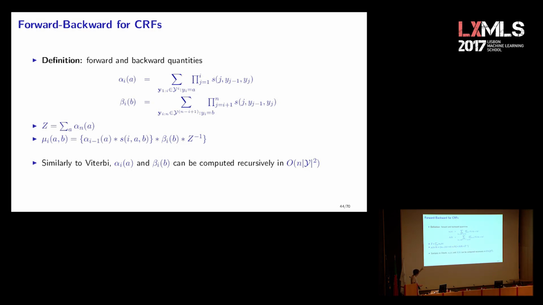Similar to Viterbi, these kinds of recursive quantities can be computed in linear time times the number of tags to the power of 2. And again, this 2 is the number of tags we have altogether here. So the higher the order of the factorization, the more cost you pay.